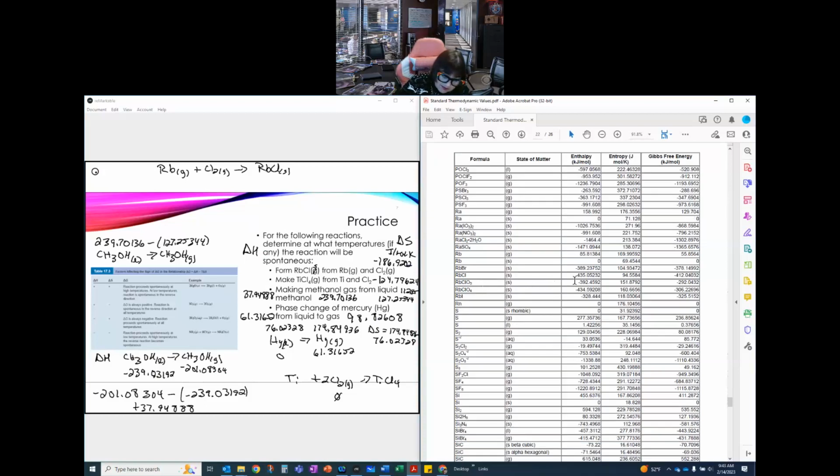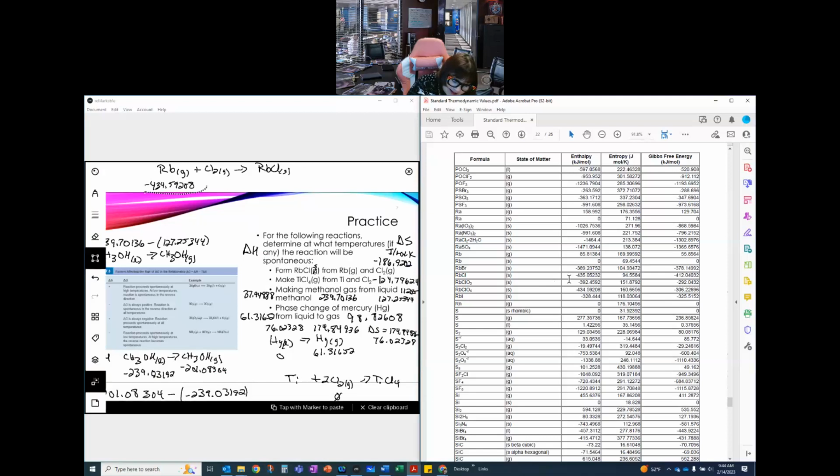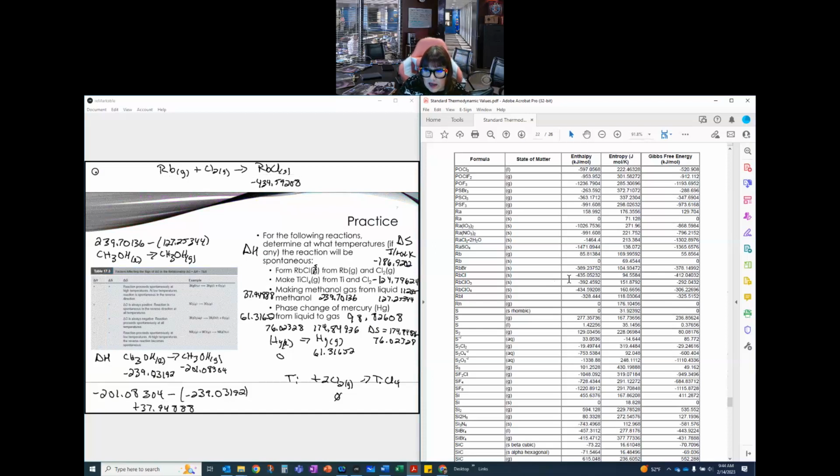RbCl solid. My delta H is a negative 434.59208. And that's the wrong place for that. Sorry. This goes over here. Apologize. And my Rb gas is 85.81384.